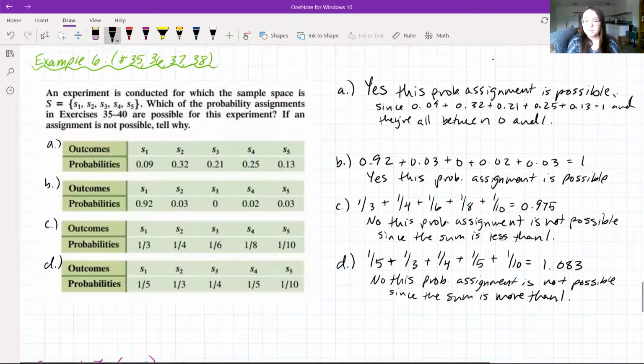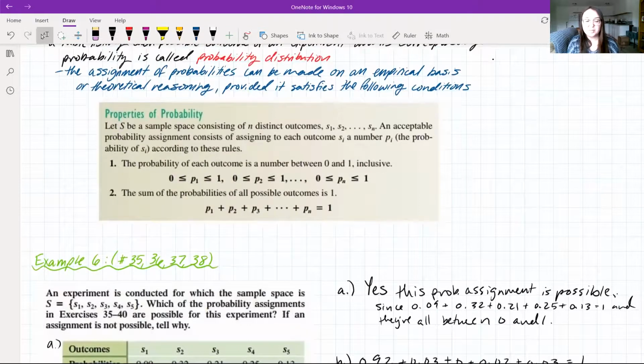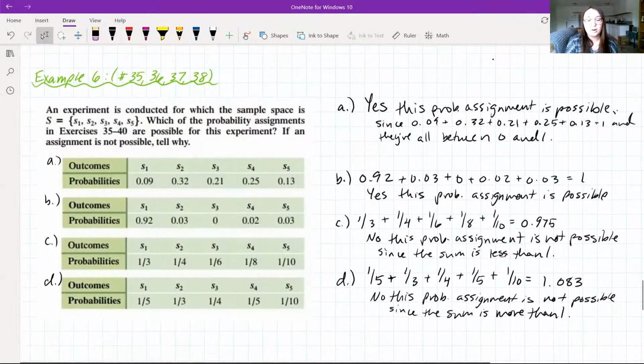All right, so using our properties of probability, we were able to answer if each one of these different experiments were possible probability assignments or not based on the 2 conditions that we had to satisfy. As long as those 2 conditions are satisfied, they are possible, but as soon as one does not satisfy, it is not.